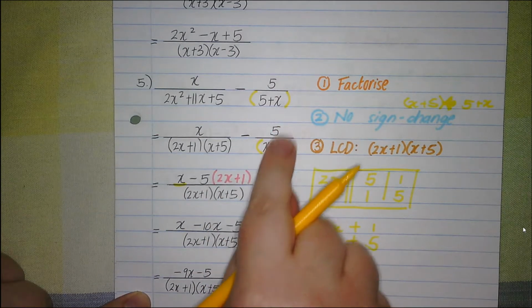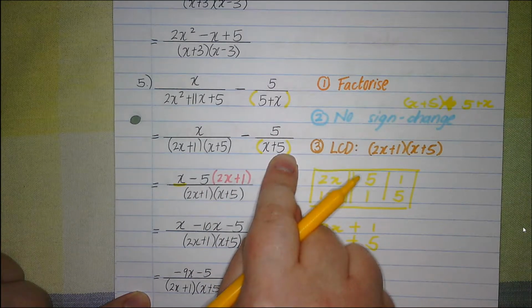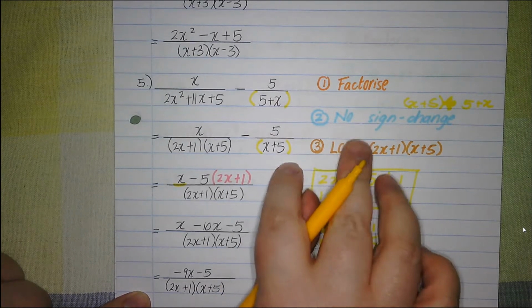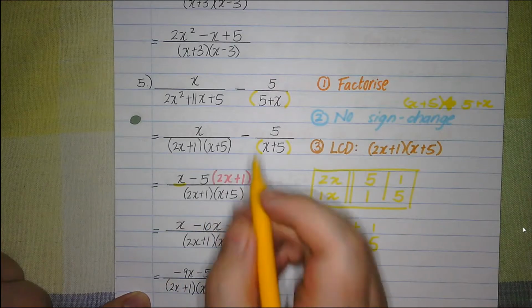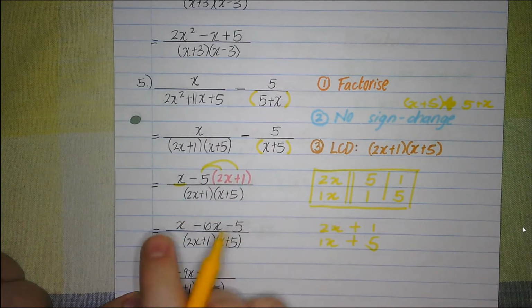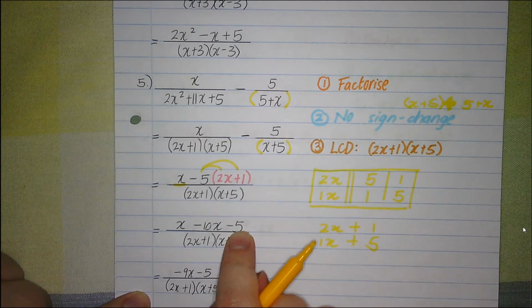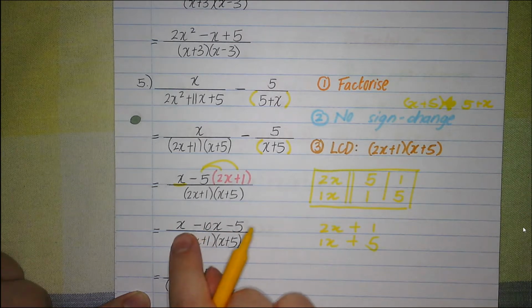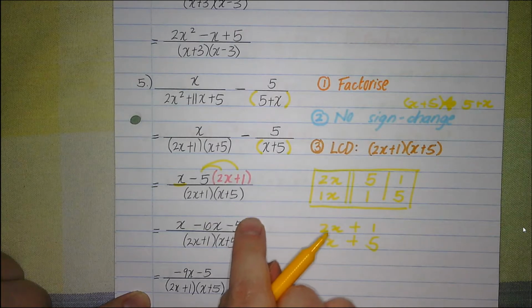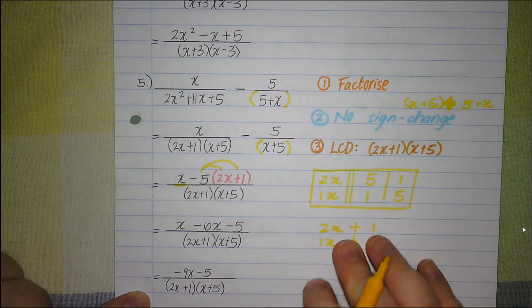This numerator is only over x plus 5, so we multiply with what's missing from the denominator, and that is 2x plus 1. We distribute into the bracket over here, and that gives us x minus 10x minus 5, and we simplify the numerator.